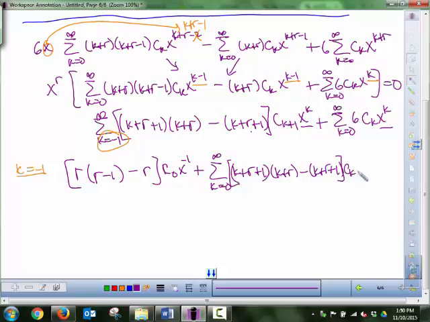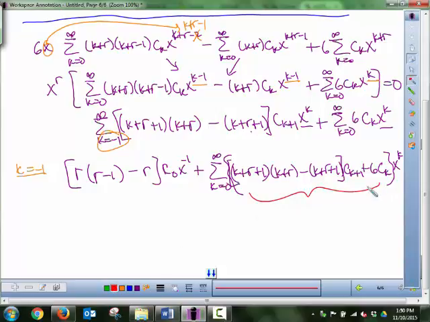C sub k plus 1 plus 6 c sub k, and then that whole thing is multiplied by that same x to the k power, because they're all being multiplied by that. So we're going to get a relation from here, but let's take a look at this. This is supposed to be equal to 0.